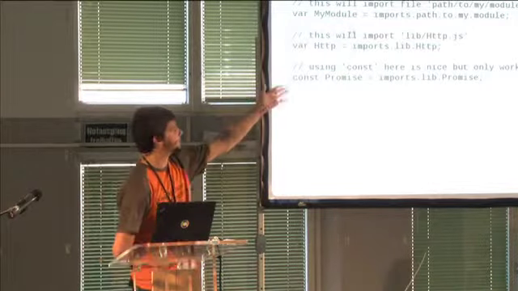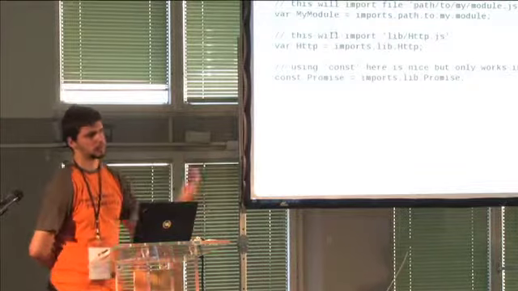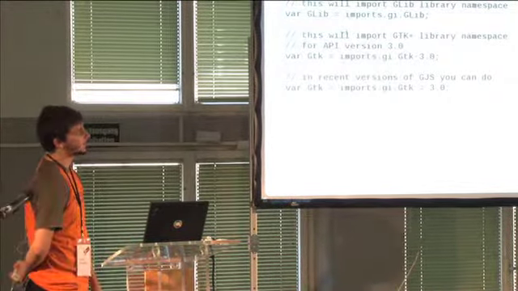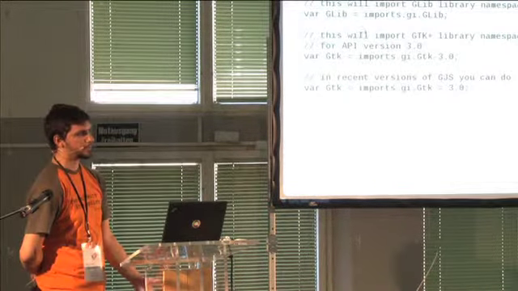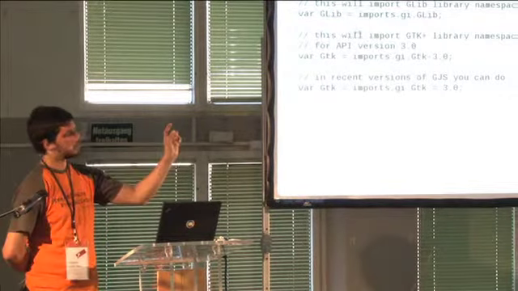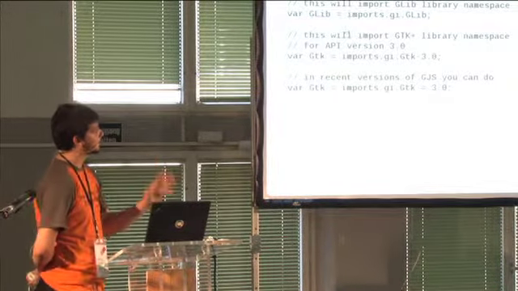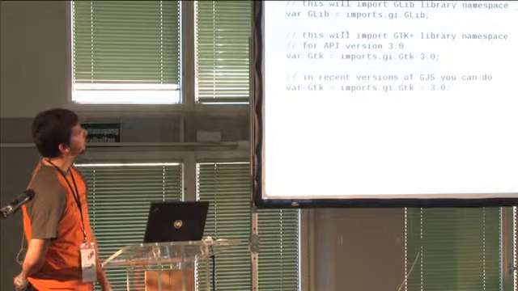And this is the nice way to do it because module importation should be immutable, and we can get that with const. This is importing a GI module, which is an introspected library that we have in the GObject repository. We use the gi member of imports, which we can say is a keyword, right? It's part of imports, it's immutable.